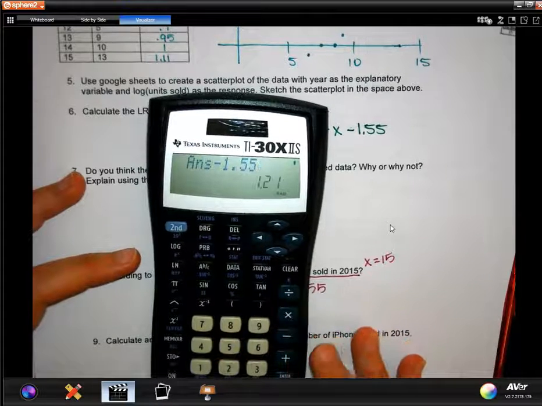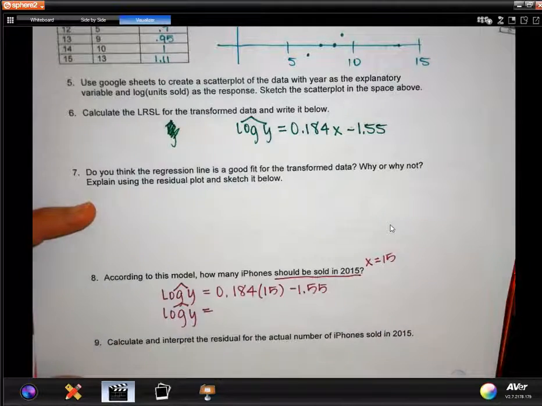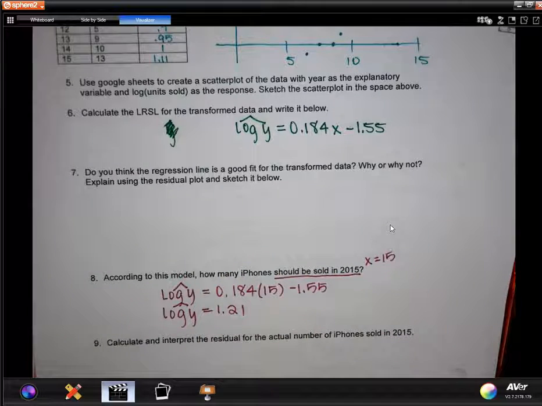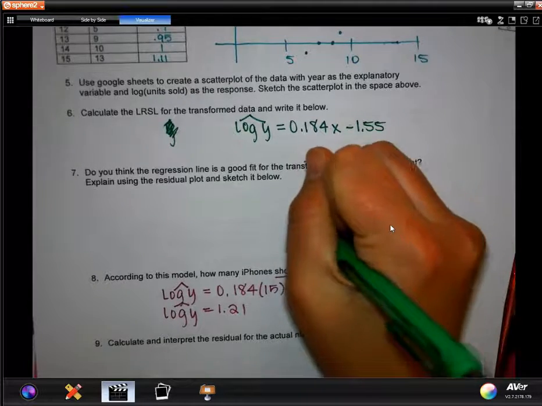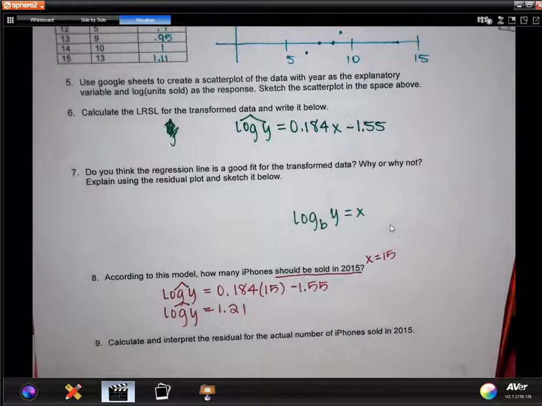Alright, so when we put 15 in, we get 1.21. So, those of you that have never seen logs before, I promise it's not hard. Log base b of y equals x.